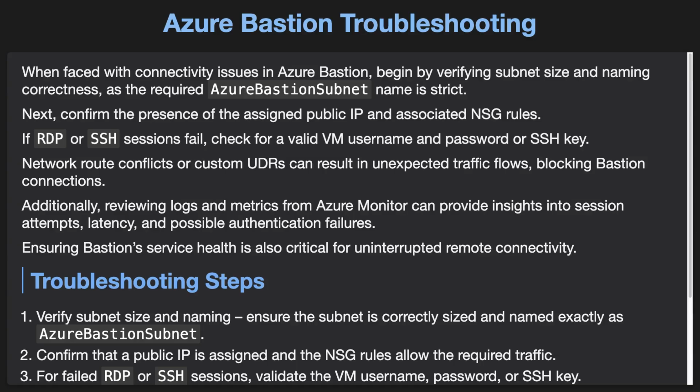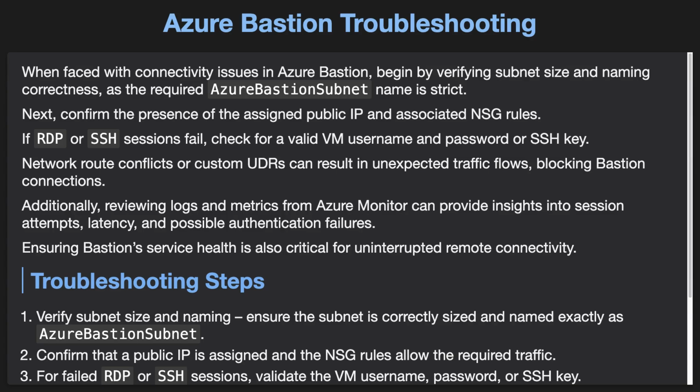When faced with connectivity issues in Azure Bastion, begin by verifying subnet size and naming correctness, as the required Azure Bastion subnet name is strict. Next, confirm the presence of the assigned public IP and associated NSG rules. If RDP or SSH sessions fail, check for a valid VM username and password or SSH key.